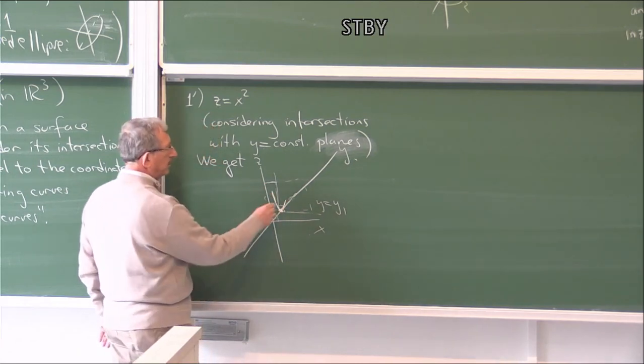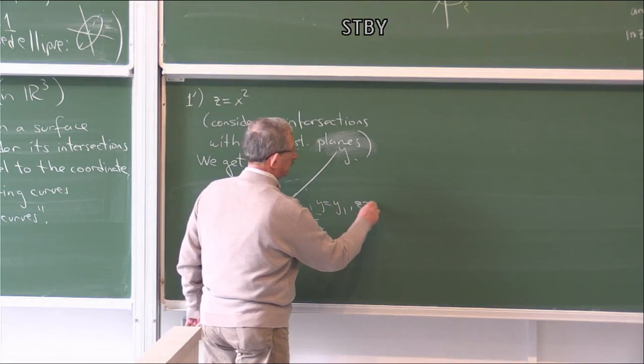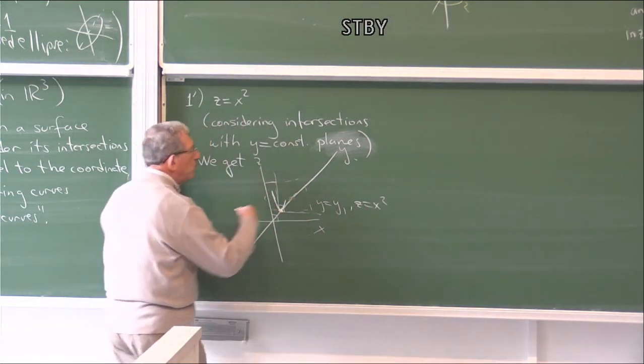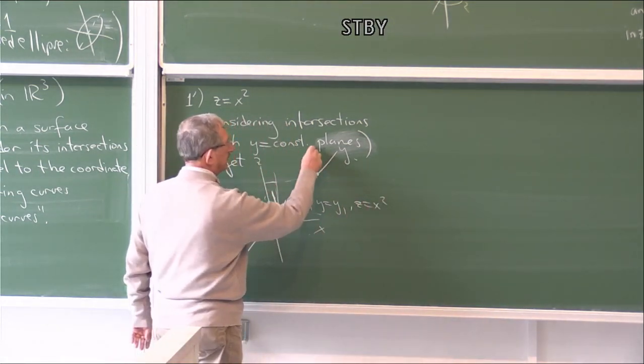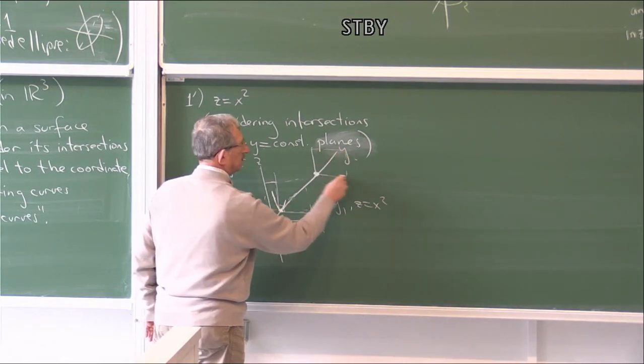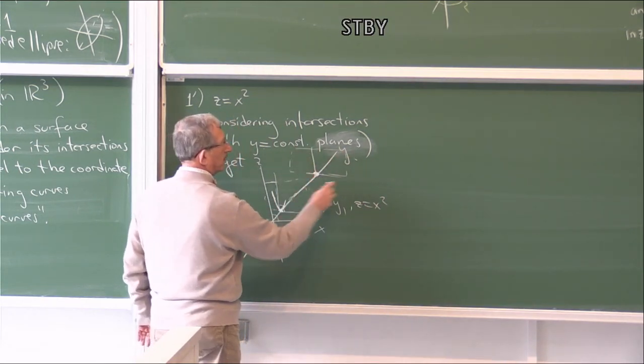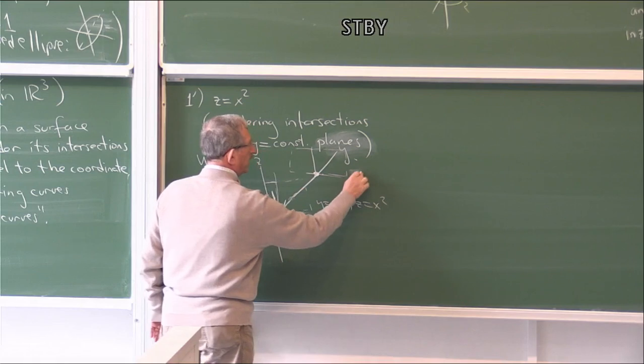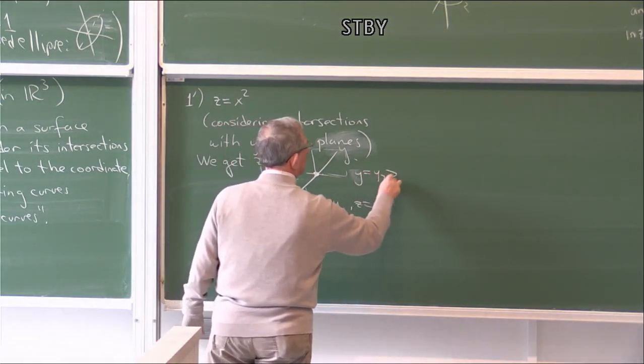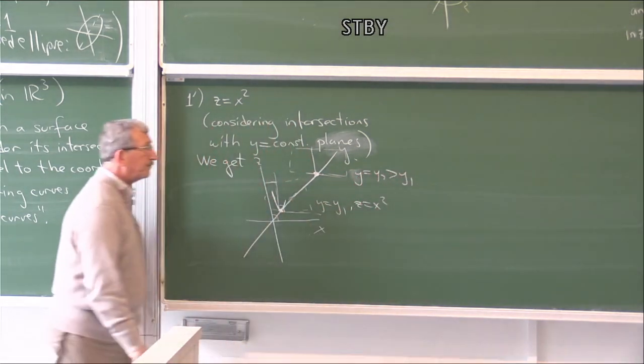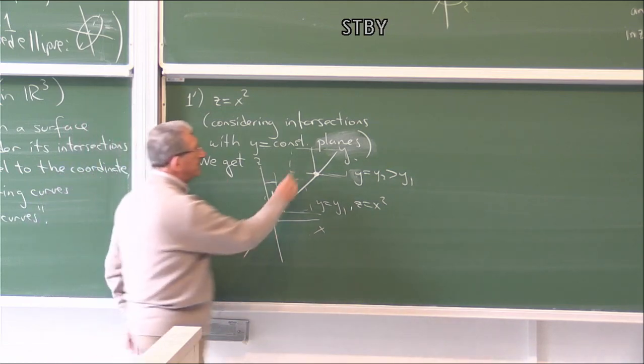It's a parabola, z is x squared. Now move it to some place here. This is, say, y is some y2 bigger than y1. Well, we again get the same parabola.